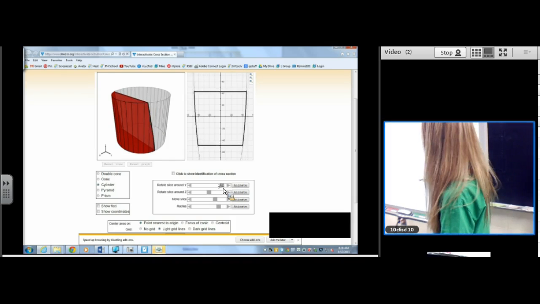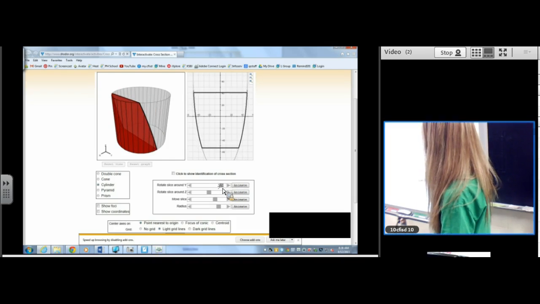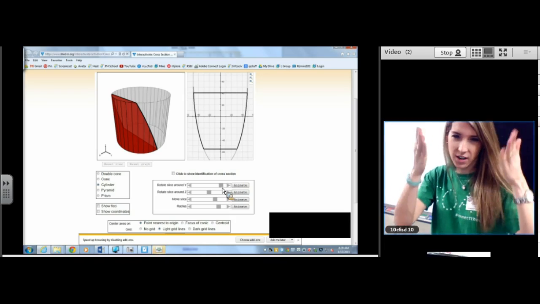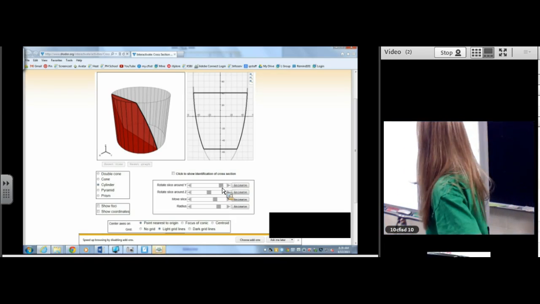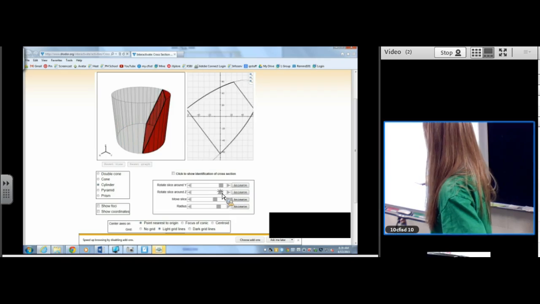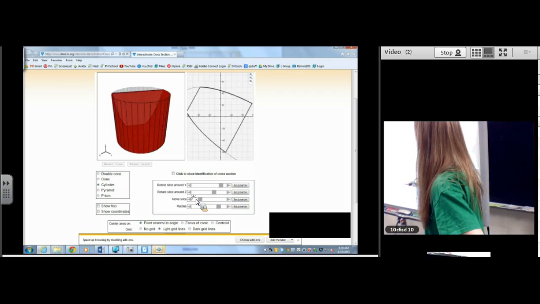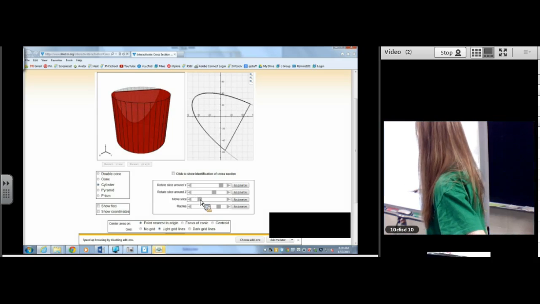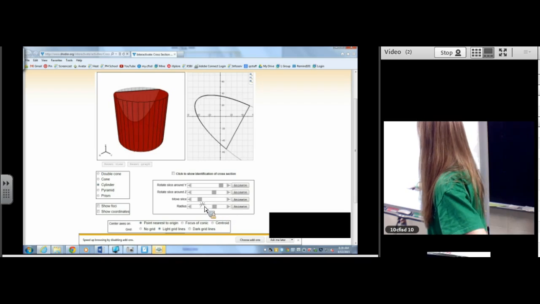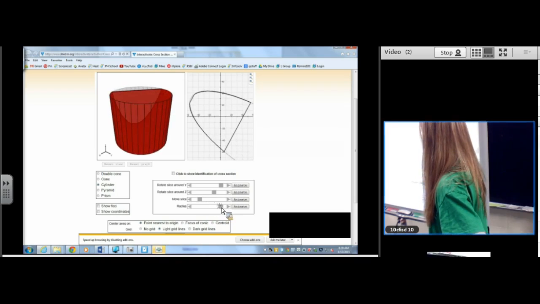We could get our square or rectangle. We could get almost like a trapezoid looking one, except it's kind of curved right there, right? We can move this around and see what happens. We can move the slice. Ooh, got some cool shapes there. We can make our shape bigger or smaller.